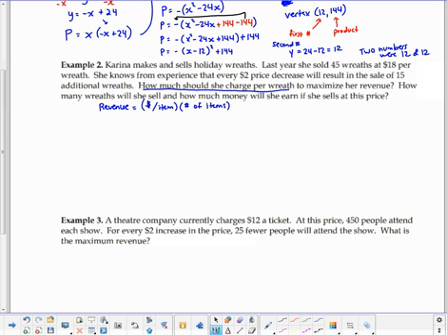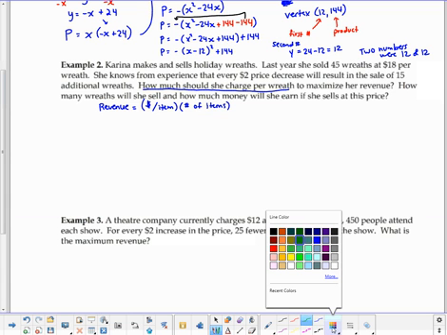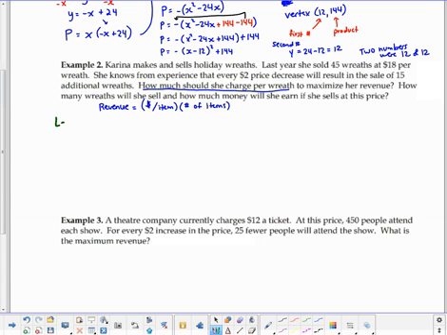So how we're going to set this up is we're going to let X be, let's write this in green because it's St. Patrick's Day, the number of $2 increases. Okay, so you're always going to let X be the number of increases or decreases. So the number of $2 decreases.